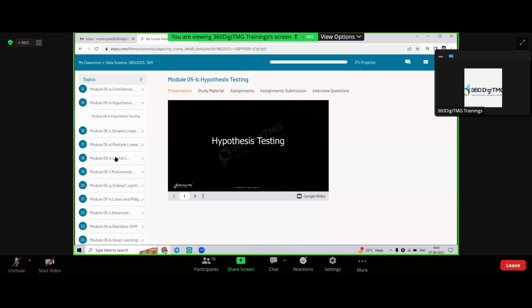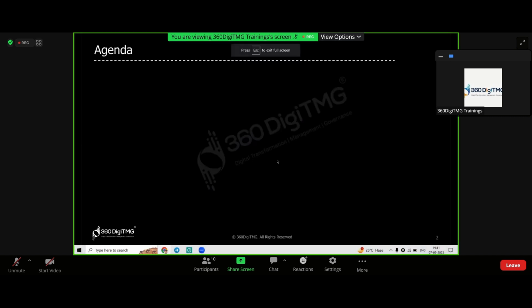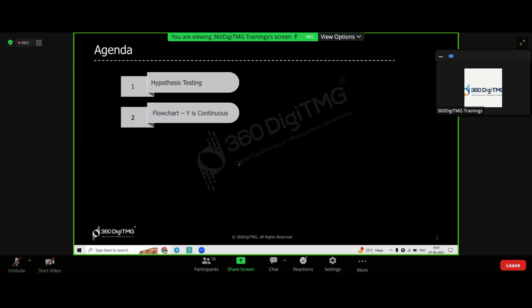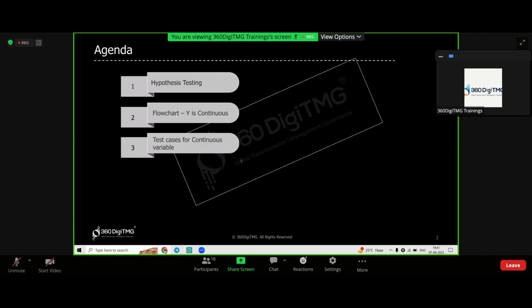The next topic we have is hypothesis testing. In hypothesis testing, we have different agendas: the flowchart when y is continuous, then test cases for continuous variables.